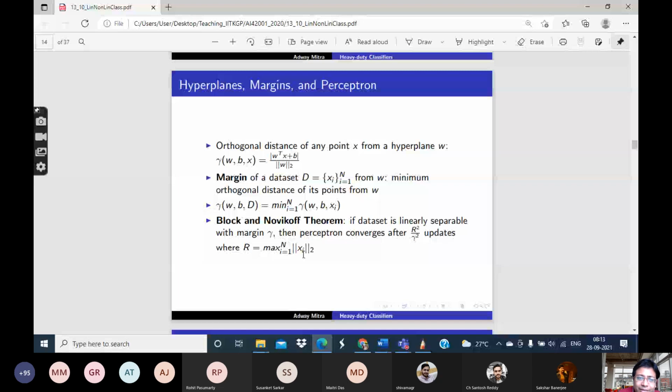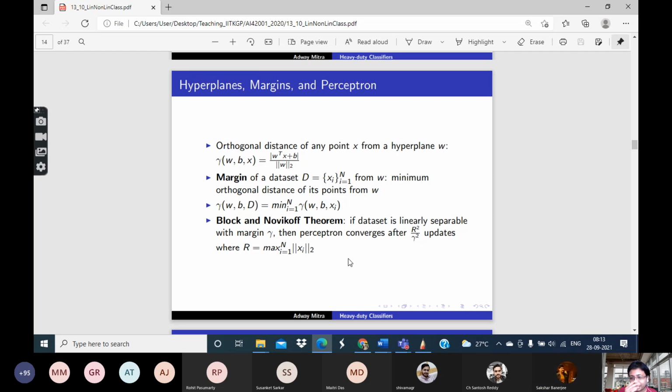So what does L2 norm basically mean? The L2 norm of a vector means the Euclidean distance of that point from what? Yes, from the origin, right?